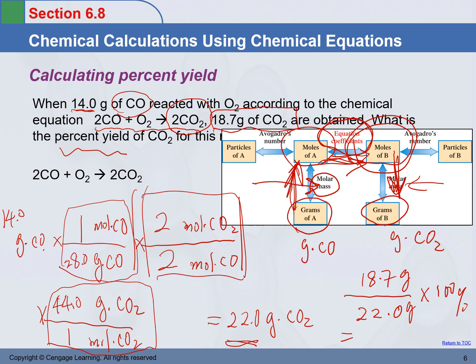That will be 85.0%. So the percent yield of carbon dioxide is 85.0. All right, that's it for today, and that's the end of this chapter.